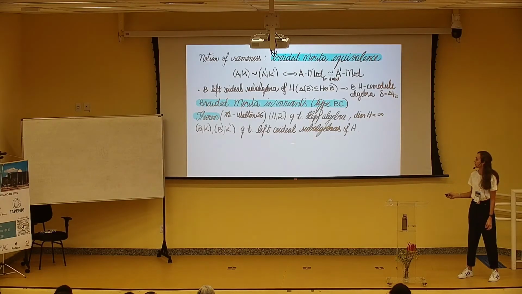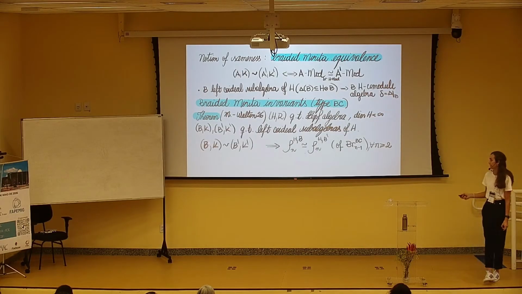So this is for left coideal subalgebras, not for general comodule algebras. And then we have that if the categories are equivalent as braided H-module categories, then the representations of the braid group of type BC are equivalent. So it's similar to the result that Shimizu has, but you don't have this second part.